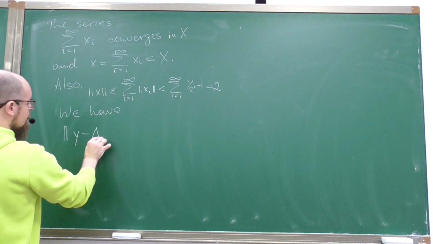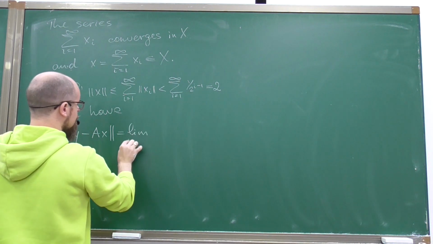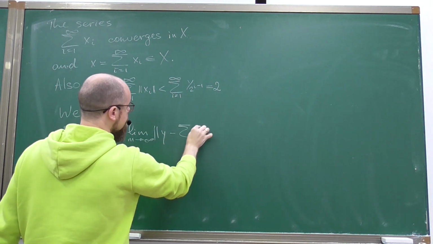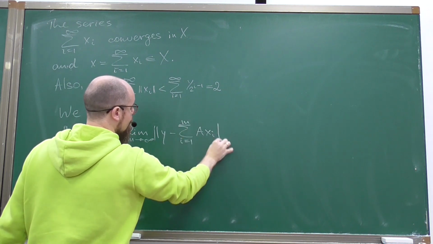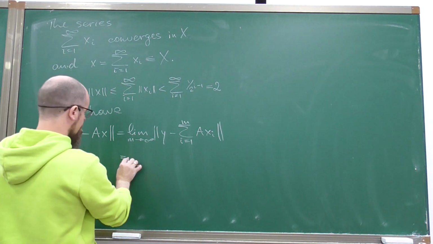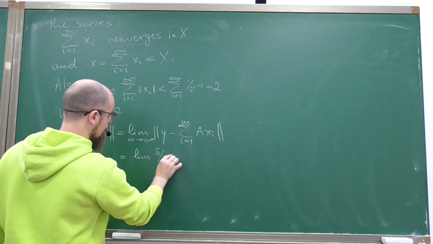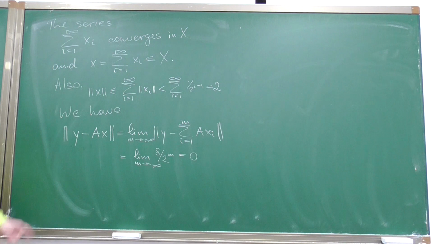We have that y minus A of x equals the limit when m tends to infinity of y minus the sum of axi, but this was estimated by delta over 2 to the power of m, which is 0. So y equals A of x.